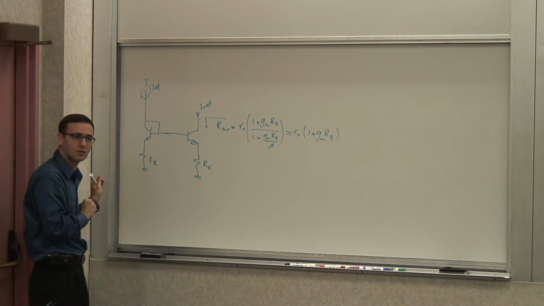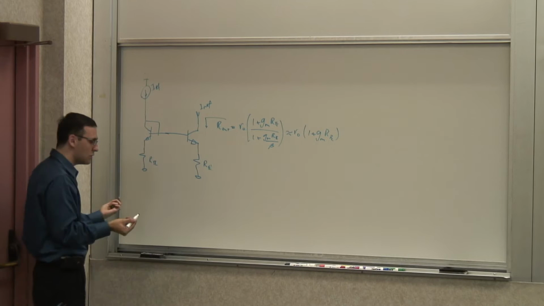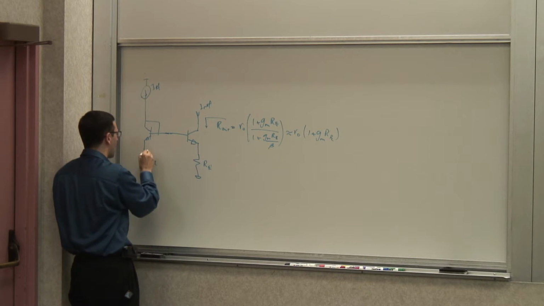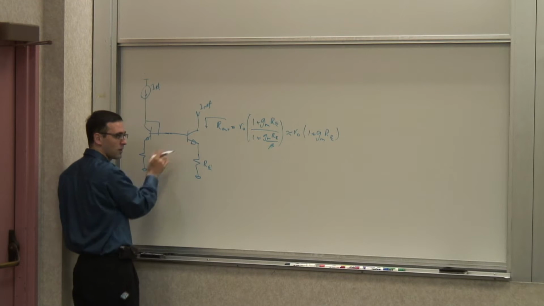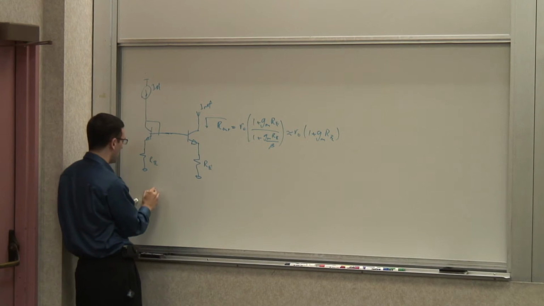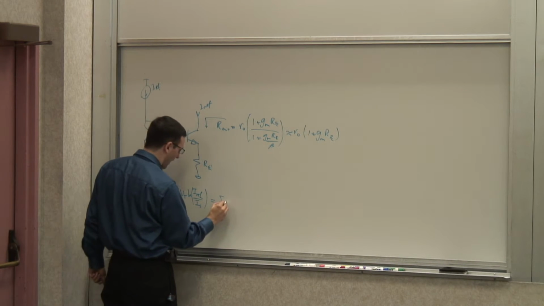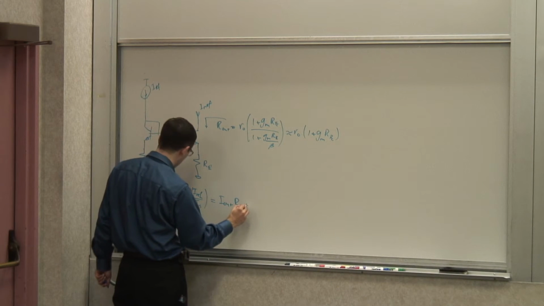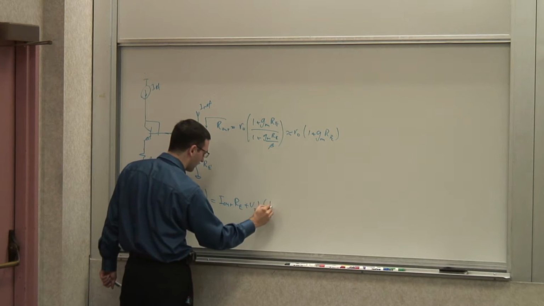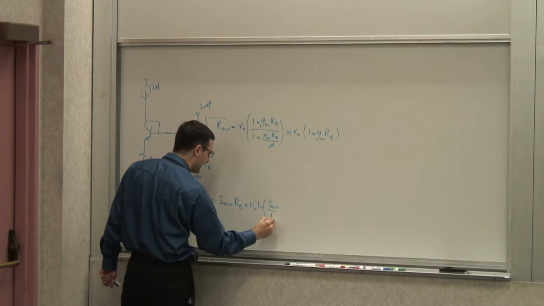Exactly. So if I do that, the new equation that I have is that this IR drop plus this VBE is equal to this IR drop plus this VBE. In other words, IREF RE plus VT natural log of IREF over IS is equal to I out RE plus VT natural log of I out over IS.